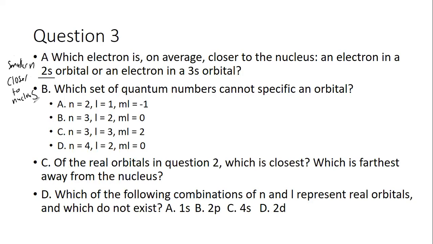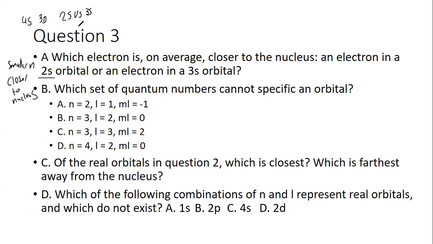There are a lot of discrepancies. For example, a 4s is going to be closer than a 3d. But if you're looking at 2s versus 3s, the 2 is always going to be closer than a 3. So if they have the same l value, you can just tell by the n value which one's closer. And in general, the lower the number, the closer it is.